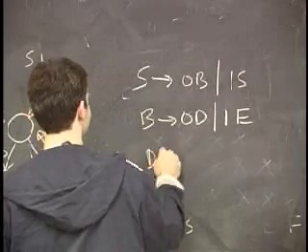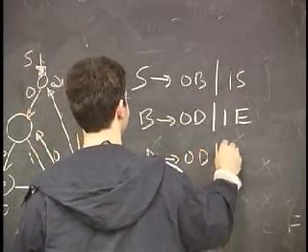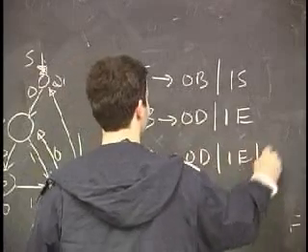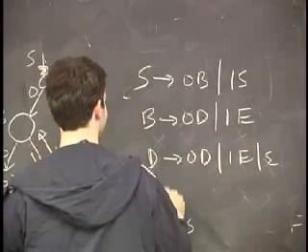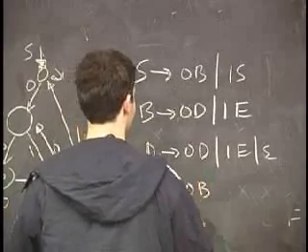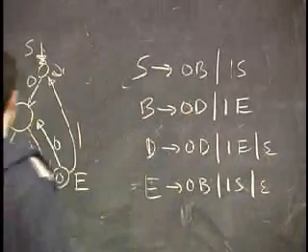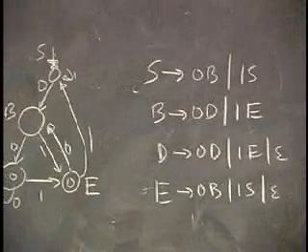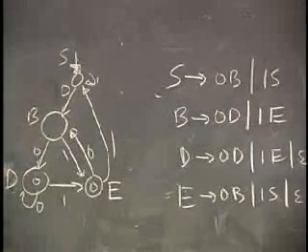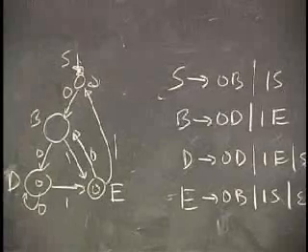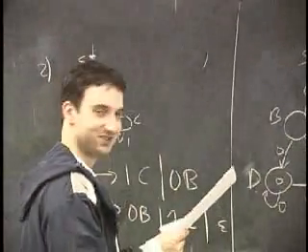D goes to 0D, or 1E, or empty set. Trivial. E goes to 0B, 1S, or empty set. All right, so final states can go to empty set. So they're not so bad, huh?